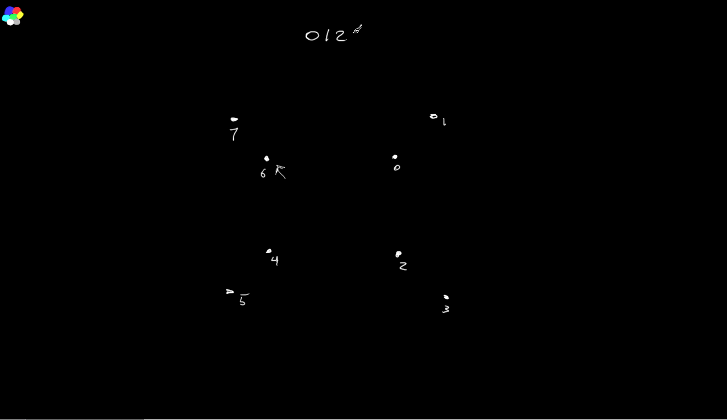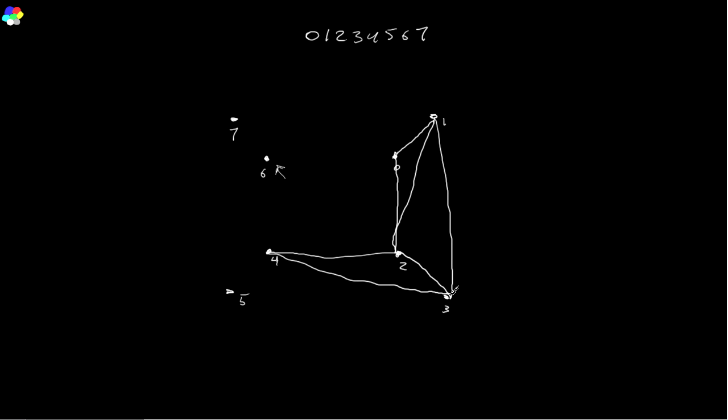All right, so if we push them back in order, 0, 1, 2, 3, 4, 5, 6, no, 6, 7, we get 0, 1, 2, and then we get 1, 2, 3, and then we get 2, 3, 4, and then we get 3, 4, 5, and then we get 4, 5, 6, and then we get 5, 6, 7.